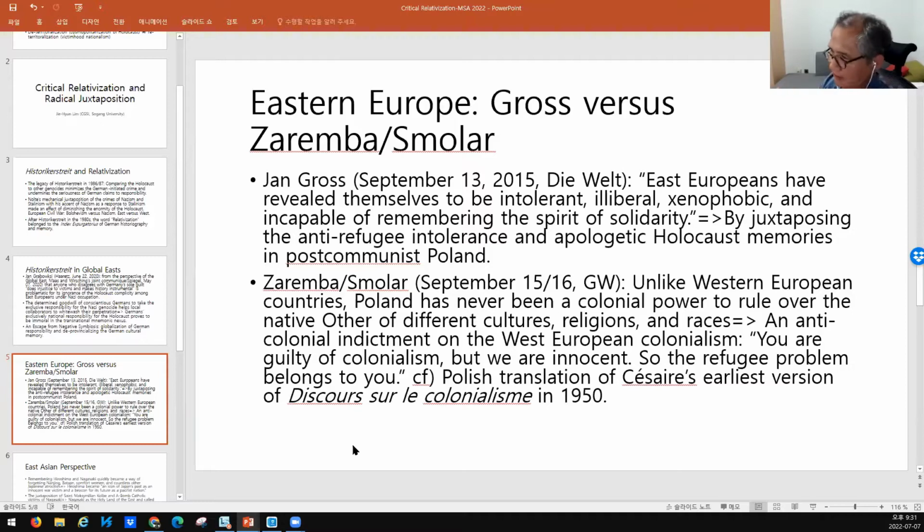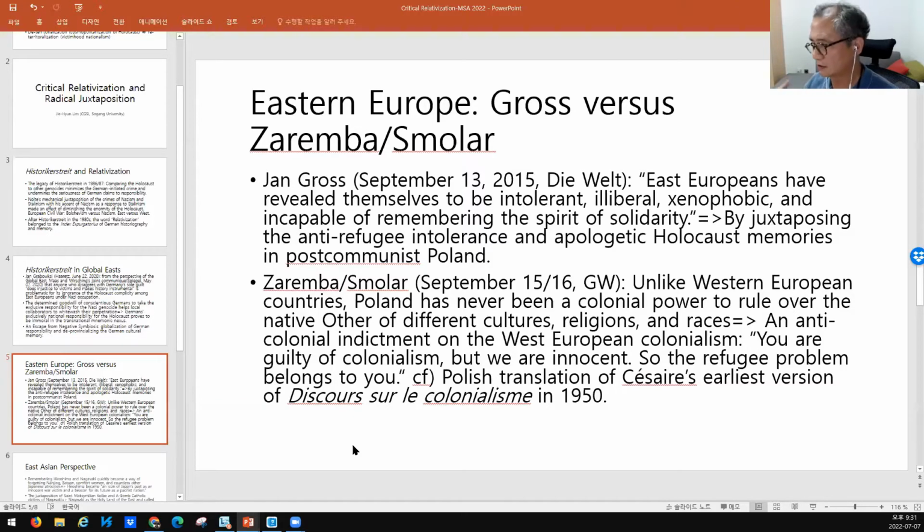But in 1950, to my surprise, there was a Polish translation of Césaire's earliest version of Discourse on Colonialism. It means that already in this discourse, Aimé Césaire pointed out a certain connectedness between the Holocaust and colonial genocide.